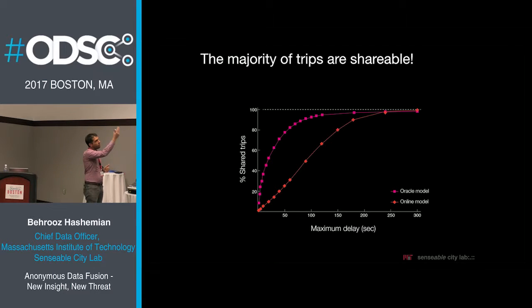If we know everything, it would be great: with only 50 seconds of inconvenience, we can get 80% shareability. But even in the case of the online model, after 2 to 2.5 minutes, we can have 80% of the rides shareable.